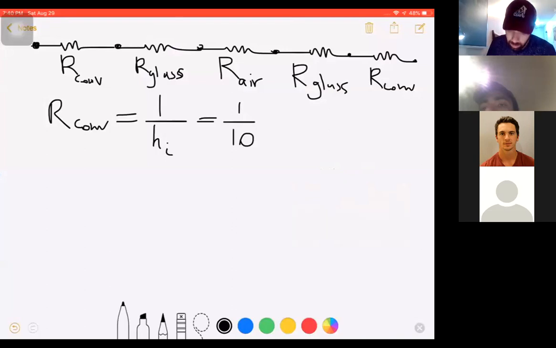So the unit for the resistance is the inverse of what we have for the convection constant. That was watt over meter squared times degrees of Celsius. The inverse of it is meter squared times degrees of Celsius over watt.